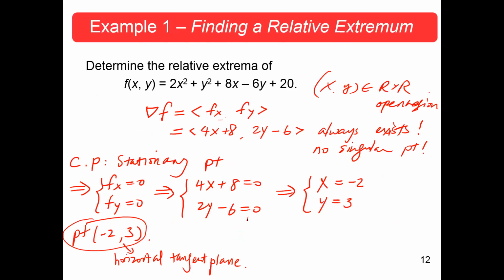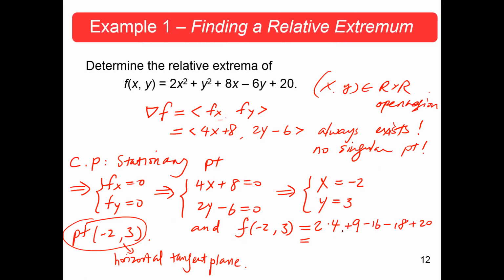Let's first of all check its function value. So f of -3, -2, 3. Let's first calculate its function value. Let's just plug in -2 and 3. So we have 2 times -2 squared, which is 4, plus 3 squared, which is 9, and plus 8 times -2, which is -16, and minus 6 times 3, which is 18, plus 20.